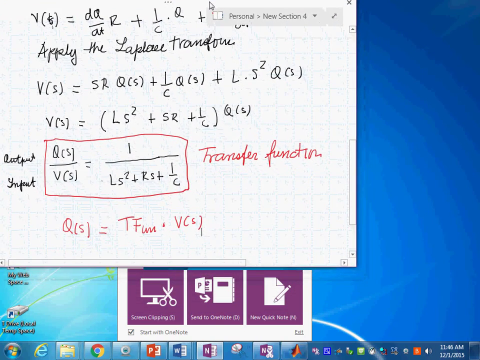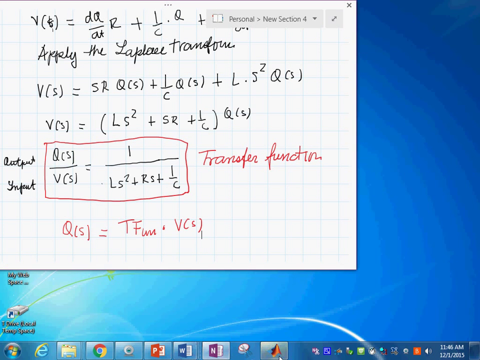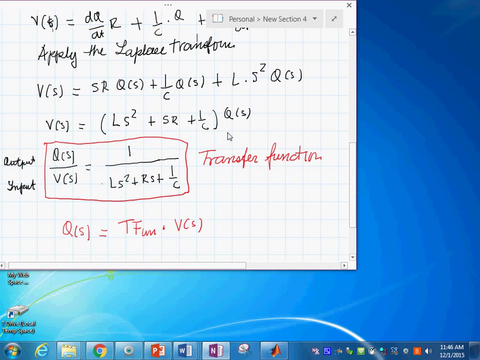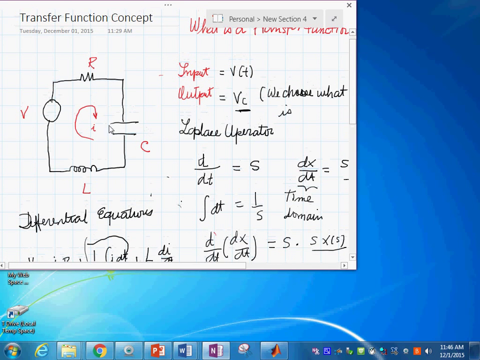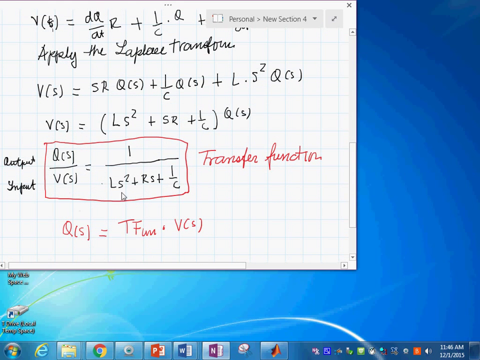We could give it a step input and find out what it does. But the concept is what I'm interested in: you have the output and the input, and the relationship between them is called the transfer function.